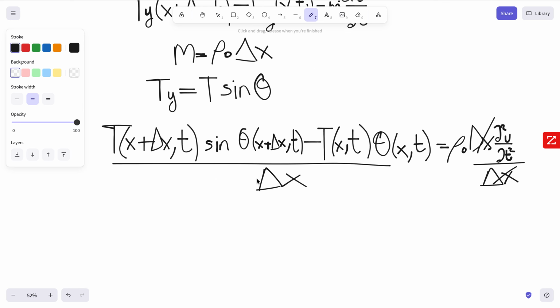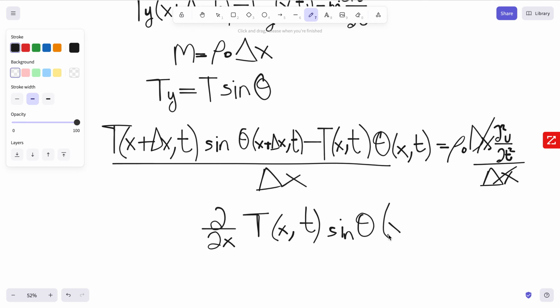And in fact, when change in x is really, really small, it becomes the derivative with respect to x of T at x comma t times sine theta at x comma t, equals, again, rho naught times partial squared u over partial t squared.